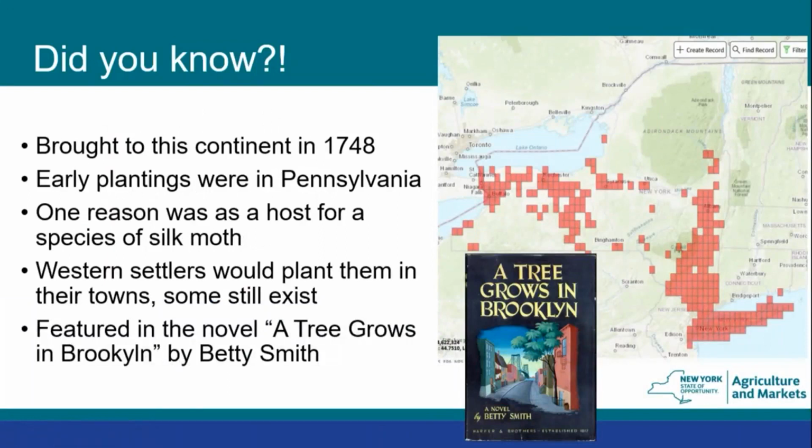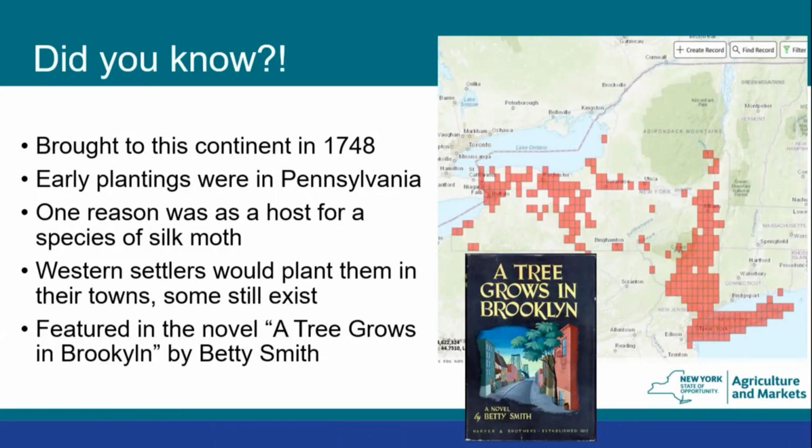So it was brought here to North America in 1748 as a horticultural plant. Early plantings were mostly in the Pennsylvania area, particularly at one arboretum and surrounding areas. And people that knew the people from that arboretum, they got these special new plants from Asia. One reason it was brought in was as a host for a silk moth species.